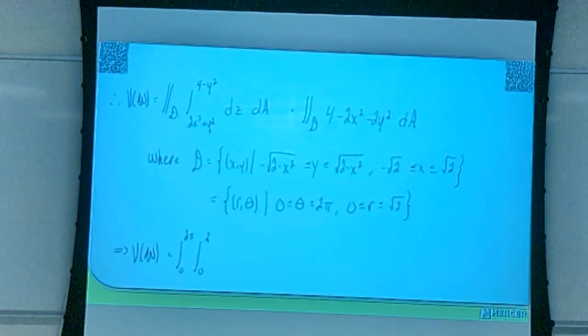Yeah, I want the integrand in terms of polar. x is r cosine theta squared plus r sine theta squared.